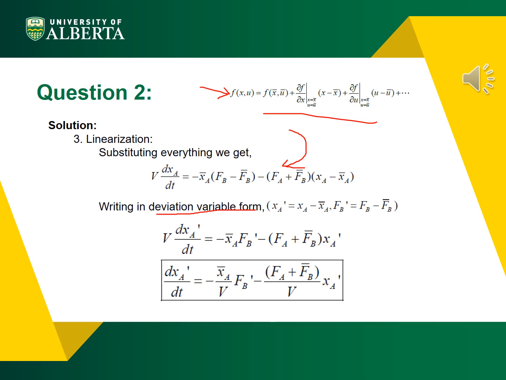So we substitute wherever there is xa minus xa bar with xa dash and fb minus fb bar with fb dash, and we would get the equation which is right here. And then if you rearrange, bringing the volume to the denominator of the right hand side, we would get the equation in this form. And this is the solution for question 2.